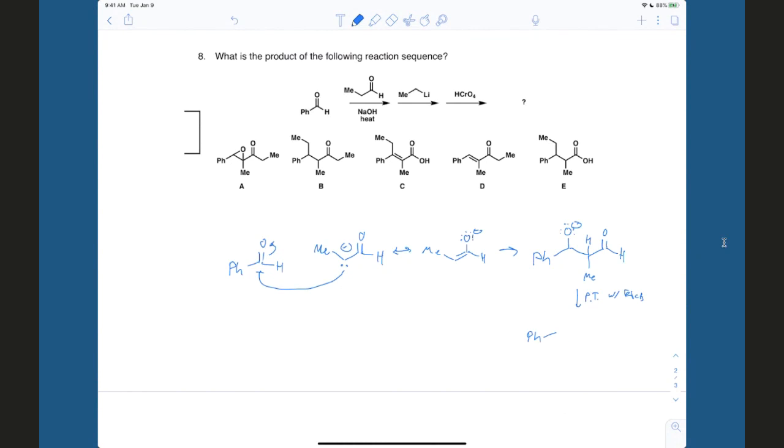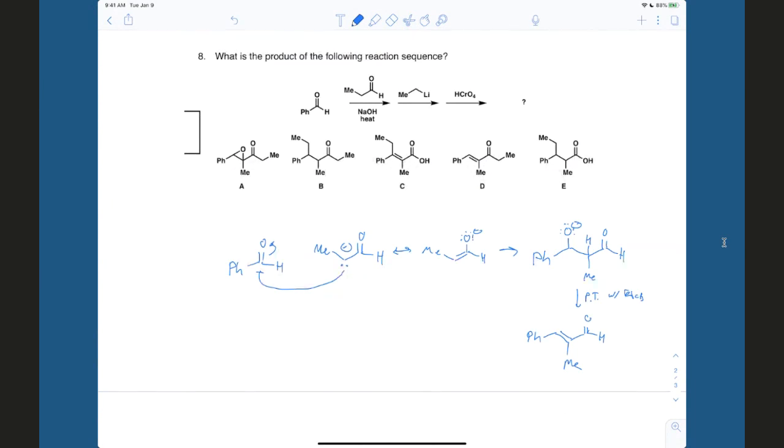So I am skipping a few different steps here just so that we can draw the aldol condensation. Great job, everybody. And so now this would be our first intermediate.